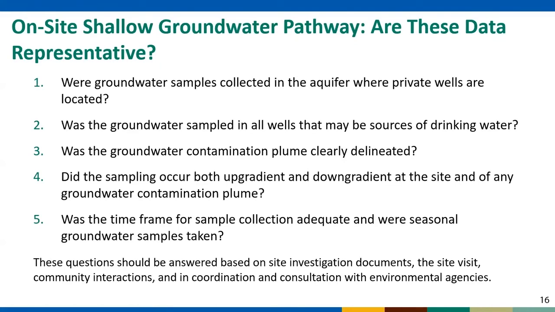Fourth, did the sampling occur both up gradient and down gradient of the site and the TCE contaminant plume? Yes, as I mentioned before, we have 3 on-site monitoring wells that are located down gradient of the TCE spill area, and we have 1 on-site monitoring well located up gradient.